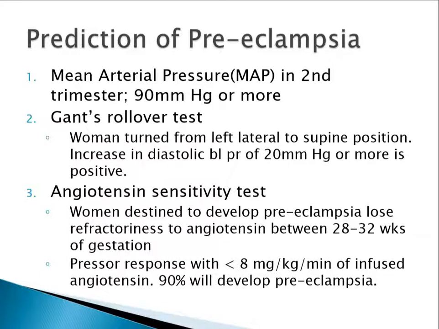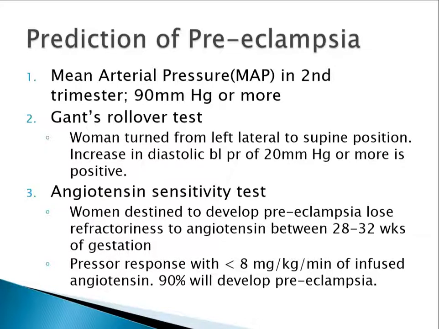If that is more than 90 millimeters of mercury, this patient who should have had a fall in the second trimester because of vasodilatation, probably there is no vasodilatation and constriction is there, and so BP has risen and it is likely to remain high in the third trimester also. So this you can say. But what we have seen is this is not very much dependable. This you may not see in every patient, and so for general screening, this cannot be used.